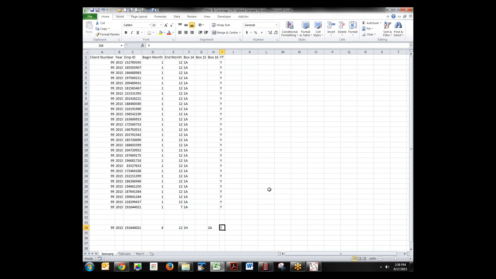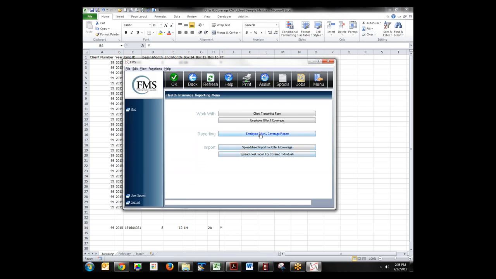Then the clients can run the offer and coverage report themselves. So that's not necessarily required of the accountant, but it's really to perform the data transfer itself. Unfortunately, OIS clients, AES clients don't have the ability to transfer files on the fly like this. So it will be the responsibility of the client to do that.